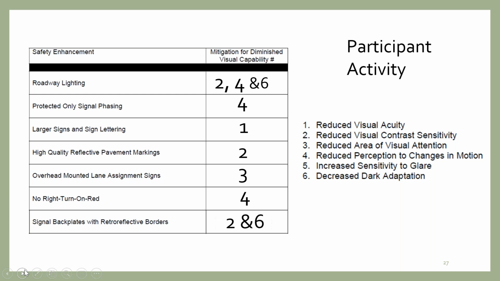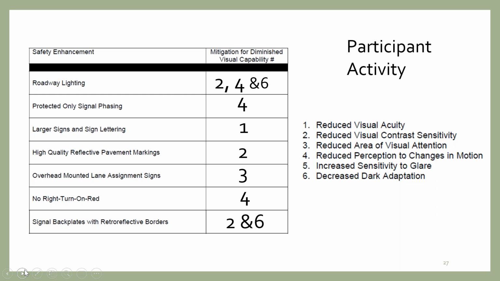And signal backplates with reflective borders, that can be helpful for contrast sensitivity, but also overcome some of the decreased dark adaptation. So perhaps giving a frame or a border around the light indicator at a signal to help discern it from background lighting that may exist along a corridor.